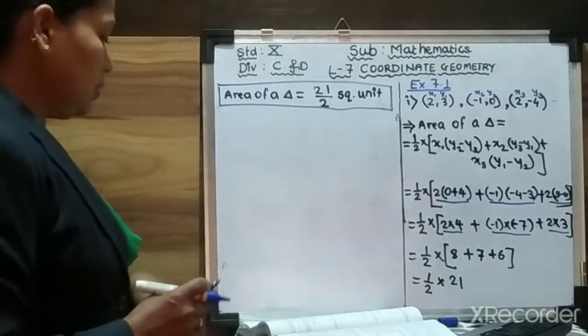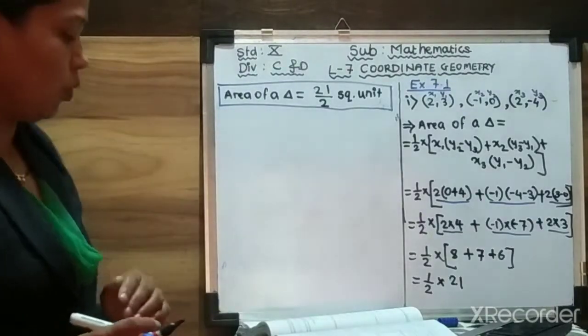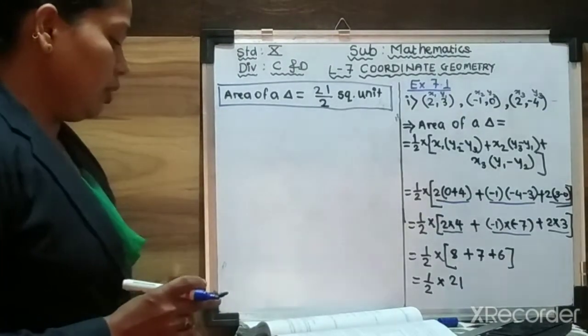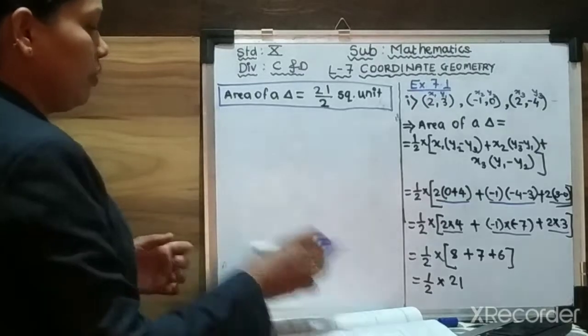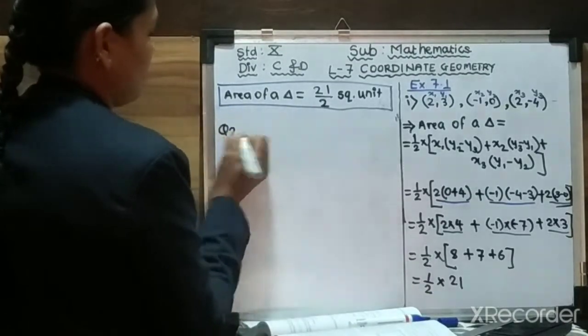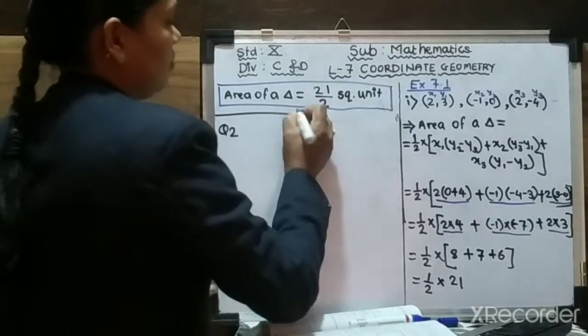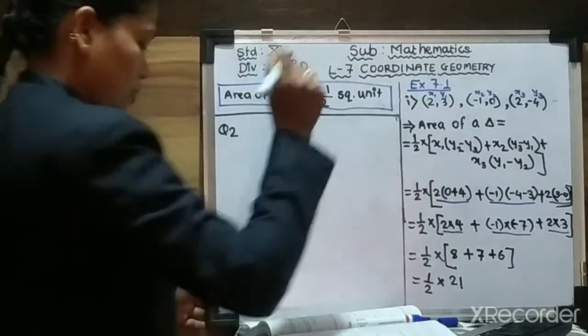Now in the second question, from this question number 1, you solve it as a homework. Third one, now question number 2, we will go for it. So what is this question number 2?